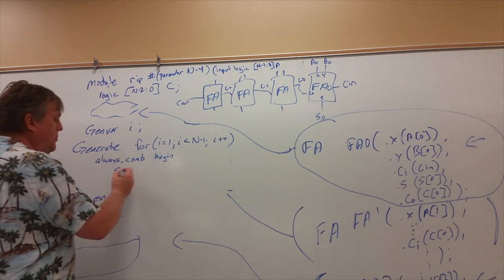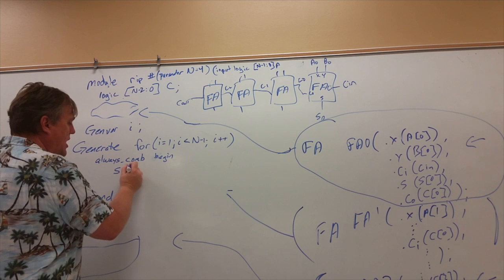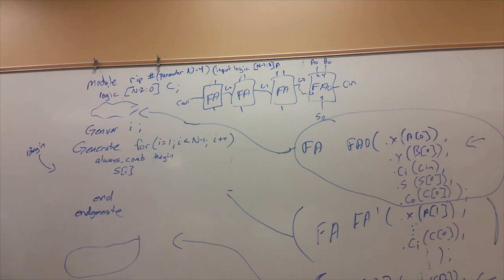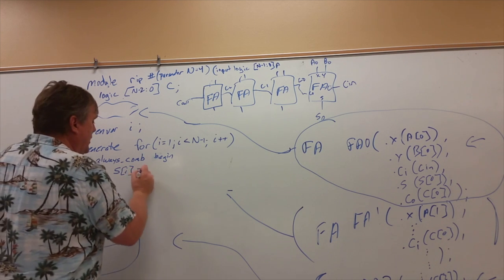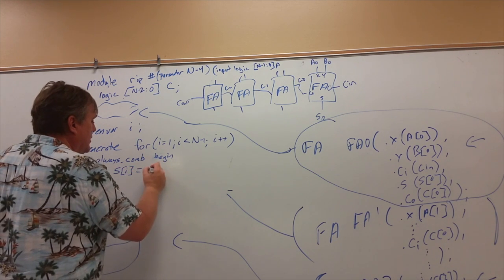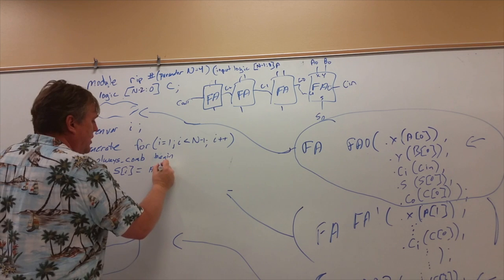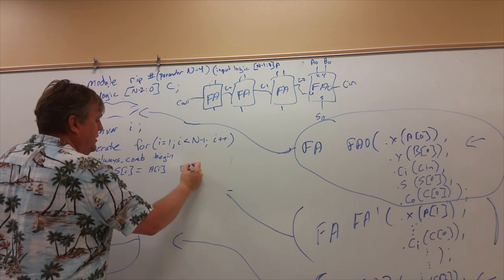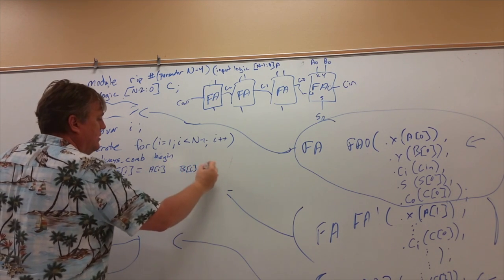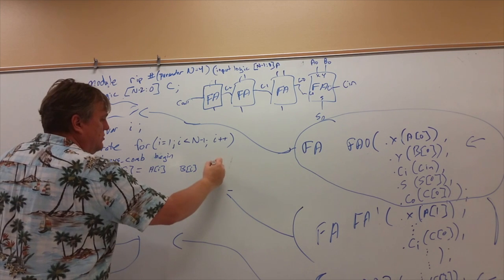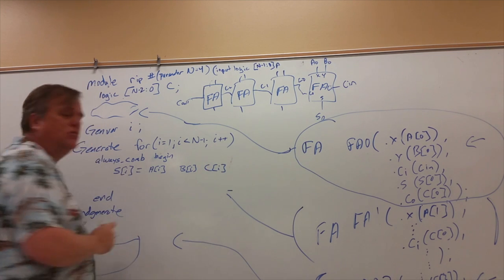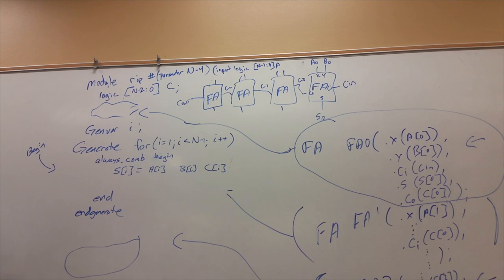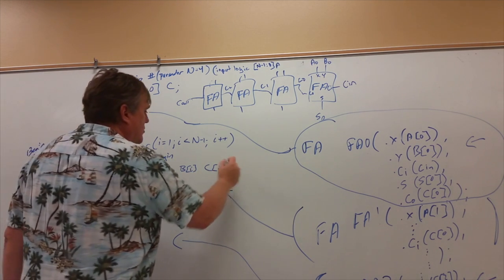In my case, it would be S i, the ith bit of S, and that's going to be equal to A's ith bit, B's ith bit, and C's ith bit. And how do I connect them all together?